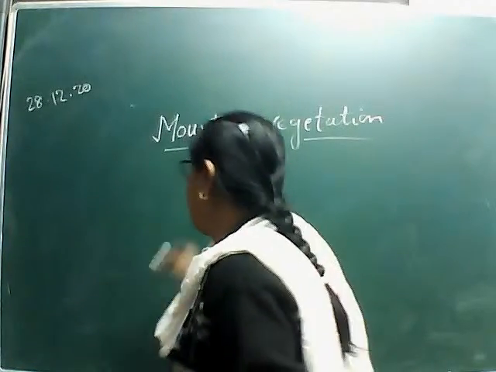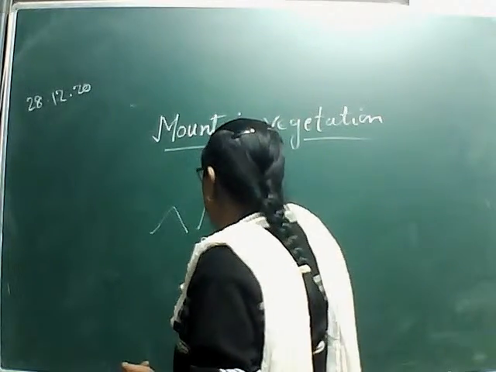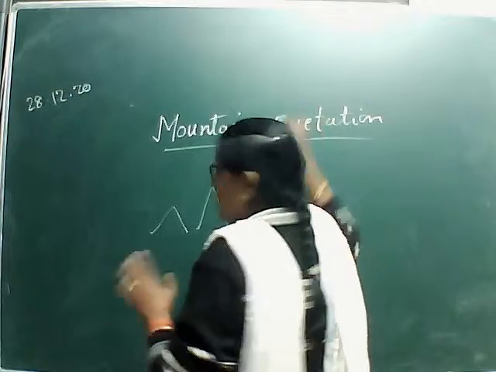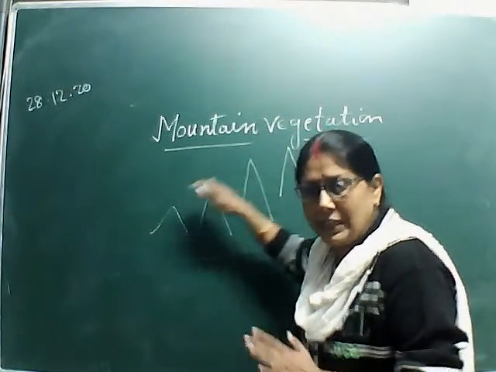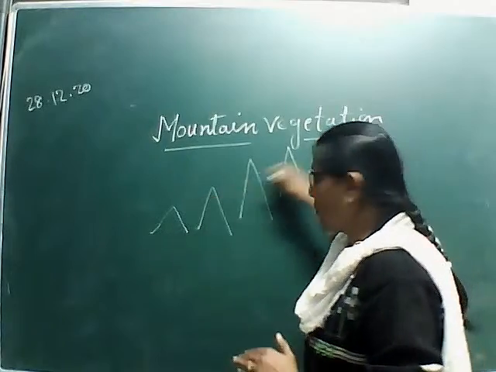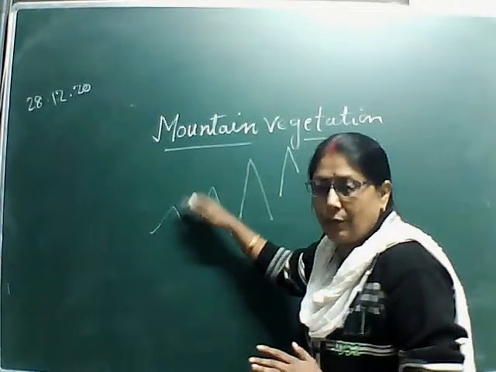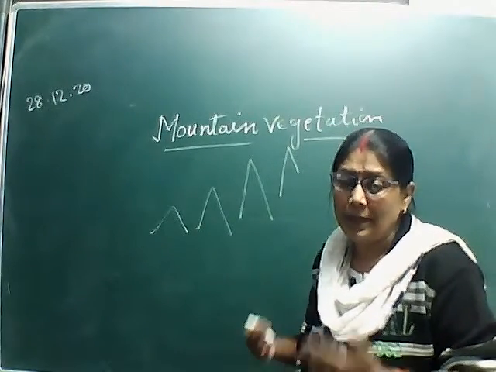See, a mountain has different heights; the mountain has this much height, this much height. So see the height, different variations are there in this mountain. In different variation, in different height, different types of vegetation we can see.